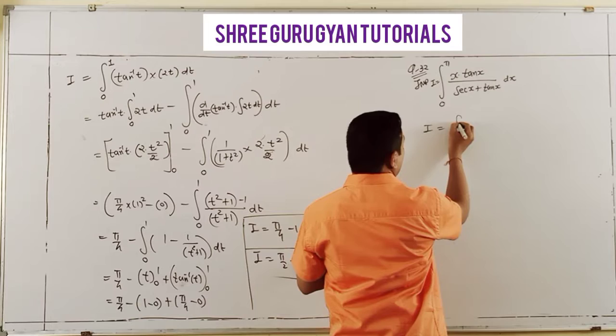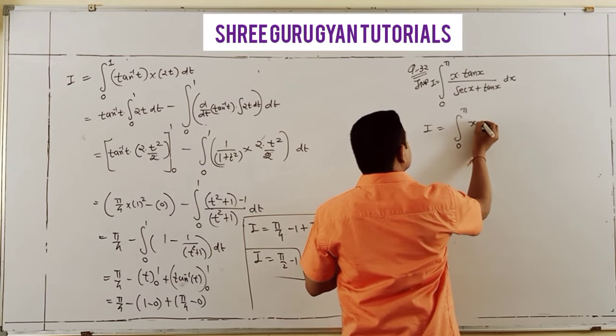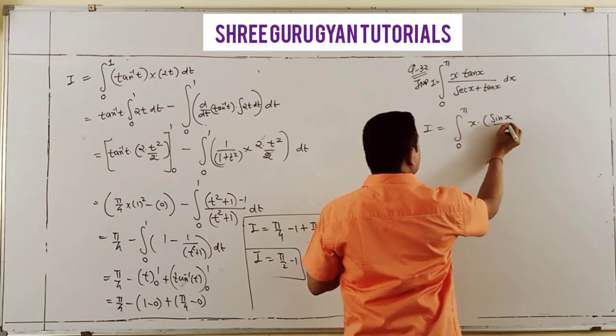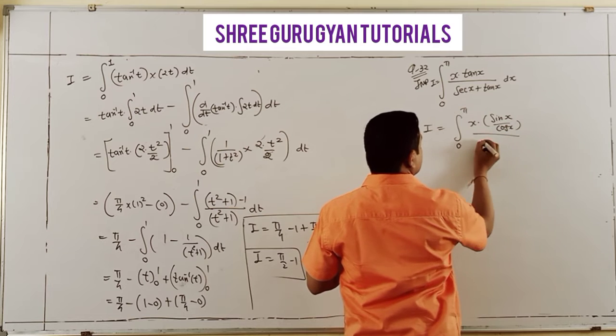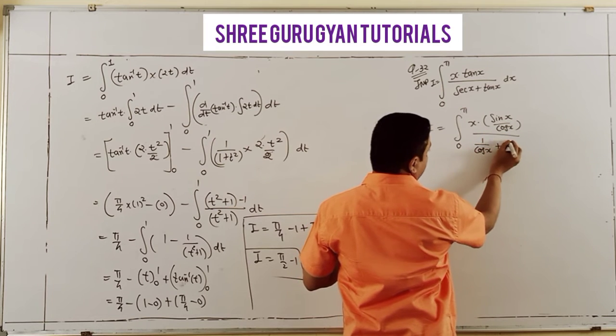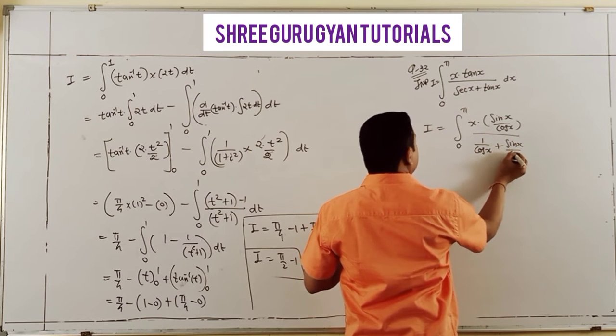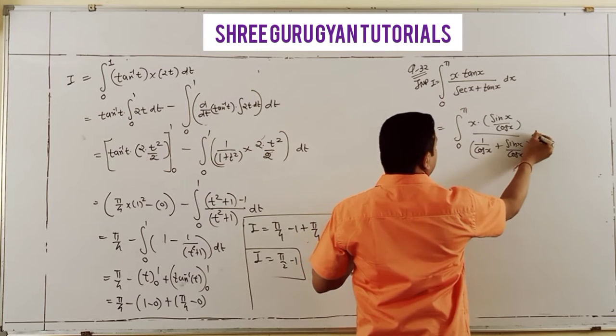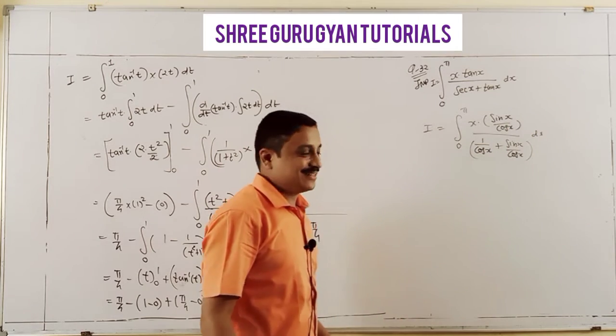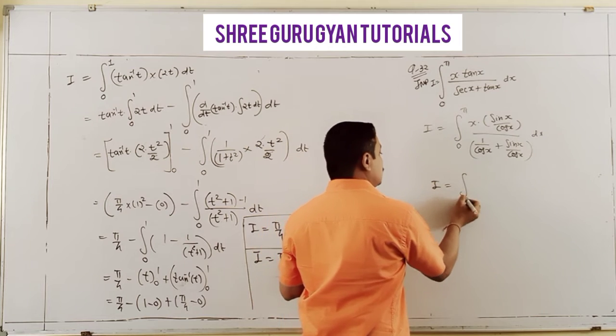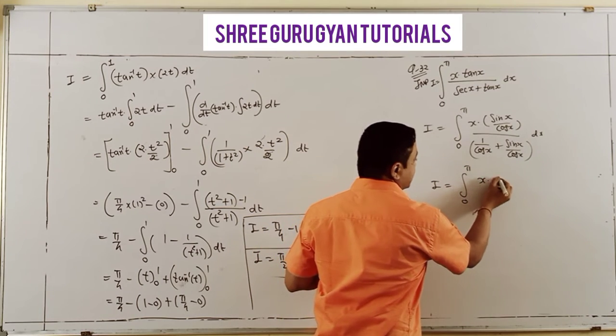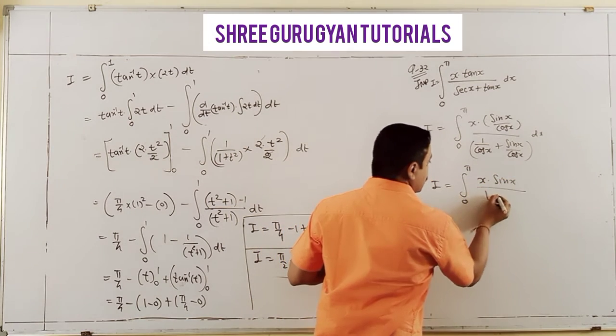It's a simple way, you go sine by cos, that also sine by cos. After that you easily cover your data, because LCM cancel. I have only 0 to pi x sin x over 1 plus sin x.